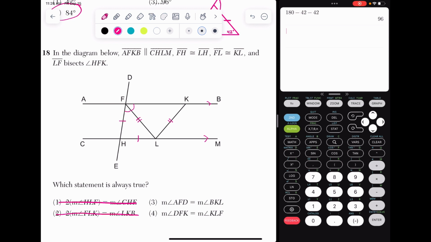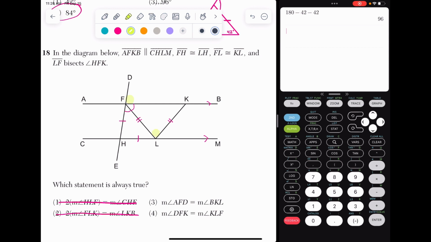Choice 3, the measure of angle AFD, so here, is equal to the measure of angle BKL. These don't even really look congruent to me, so I have a feeling that these 2 angles are not equal. But let's see what choice 4 brings. So it says the measure of angle DFK is equal to the measure of angle KLF.